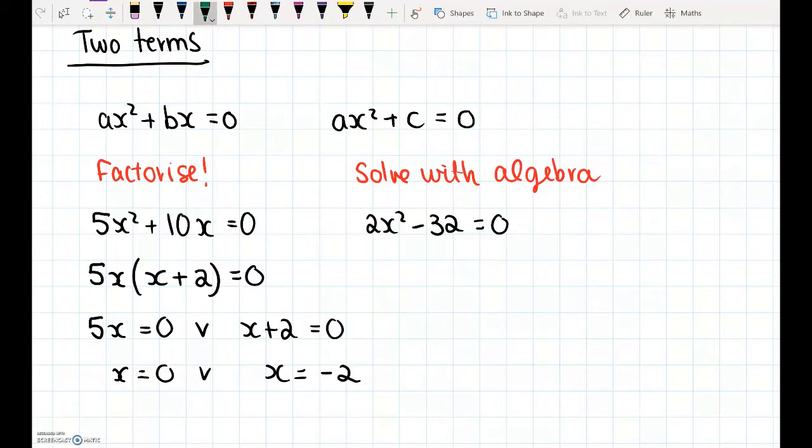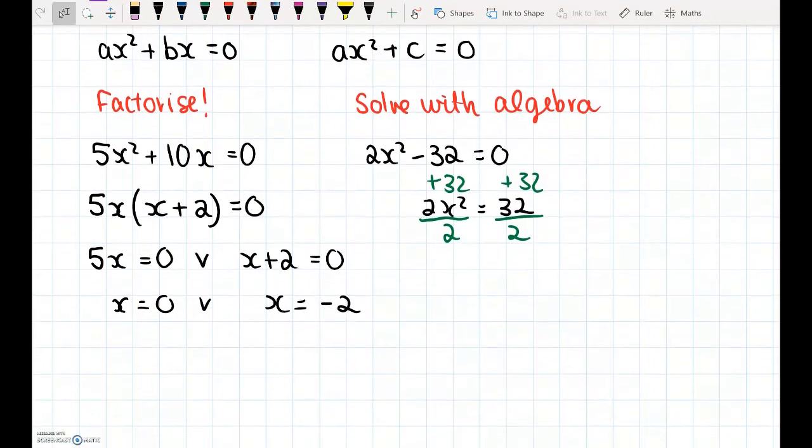We're going to put the 32 onto the other side, so plus 32 on both sides of the equals. On the left we now have 2x squared, and on the right we now have 32. The next step is we divide by 2 to isolate the x squared, and we have x squared is equal to 16.